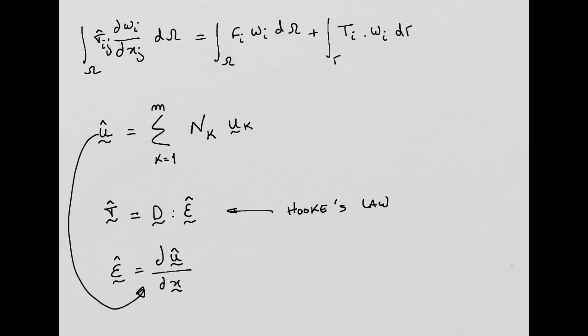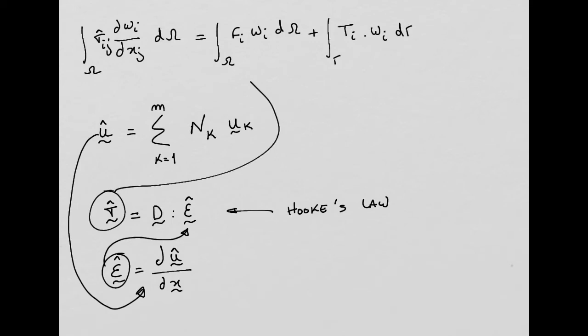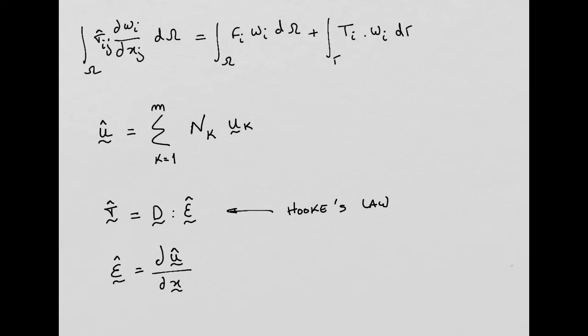Then you get the strain. The strain then is injected in the Hooke's law. Then you get the stress field. Once you get the stress field, then you can replace it in your equation with these integrals. Okay? That's what we are going to do.